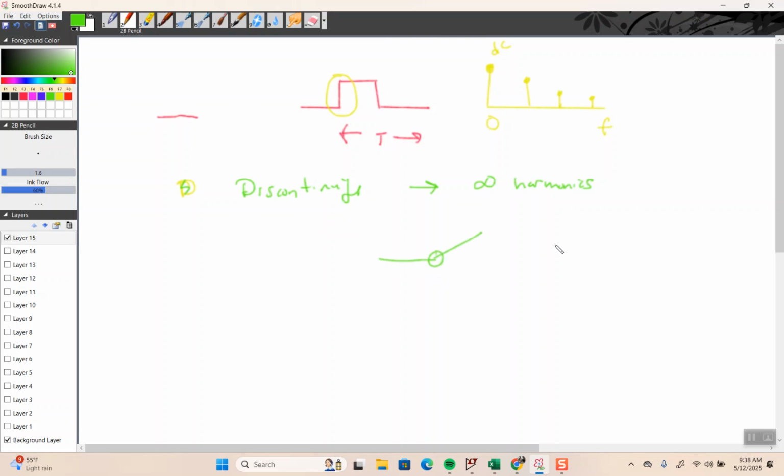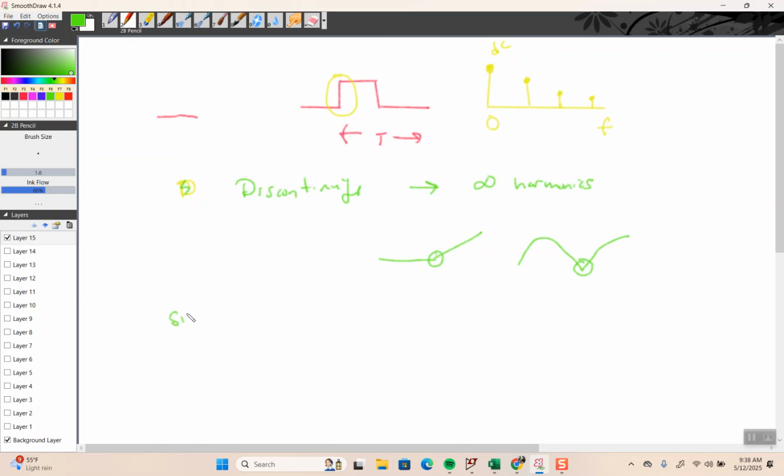But really, if you have, right, this is discontinuous there. So that'll have infinite harmonics. The only thing that doesn't have infinite harmonics is the sum of sine waves and cosines that have a finite sum, or you're multiplying a finite number of sines and cosines together, right?